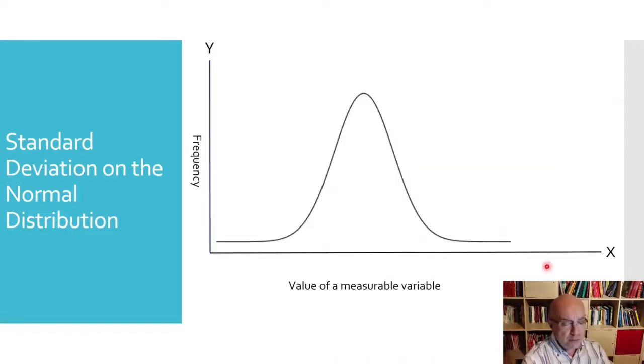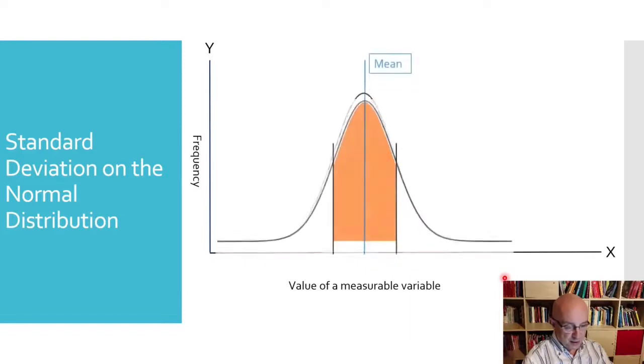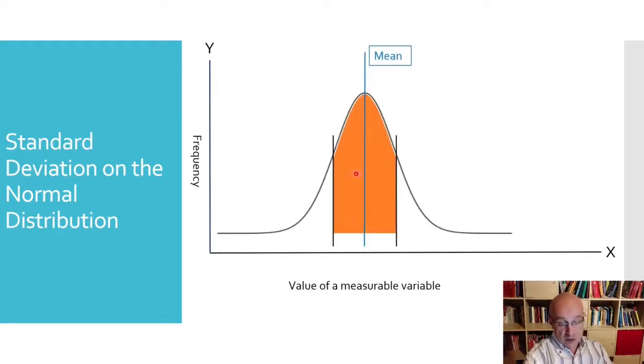But if you remember, I was talking about the area included by a range of the mean plus minus 1 standard deviation, and it can be easily represented here. This orange area is the portion of area of the ideal normal distribution included by the range given by the mean plus 1 sigma and minus 1 sigma.